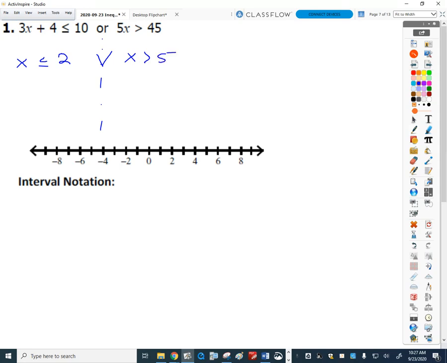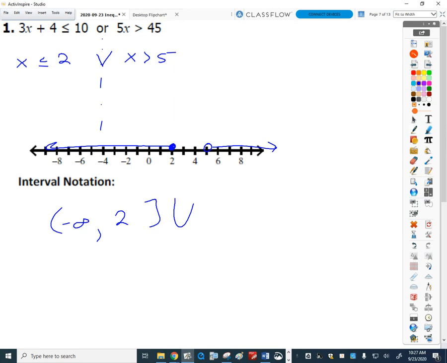And if I were to graph that and then write it using interval notation, I'm going to get less than or equal to 2, solid endpoint at 2, graphed to the left, or x is greater than 5, open endpoint at 5, graphed to the right. And so in interval notation it's going to look like open parentheses, negative infinity, comma 2, closed bracket.